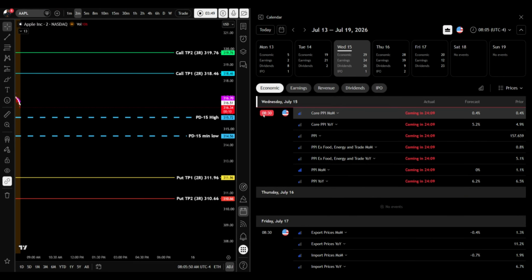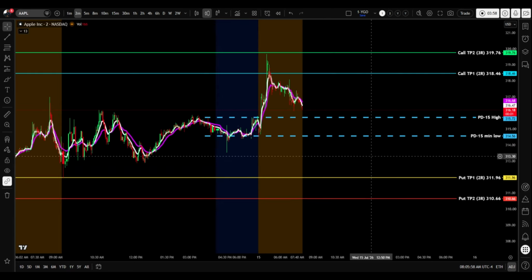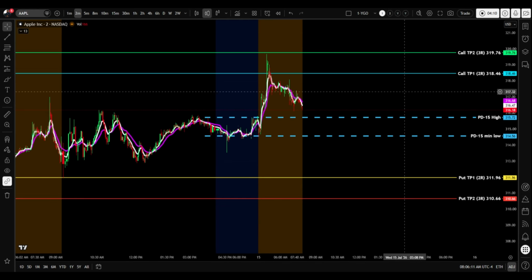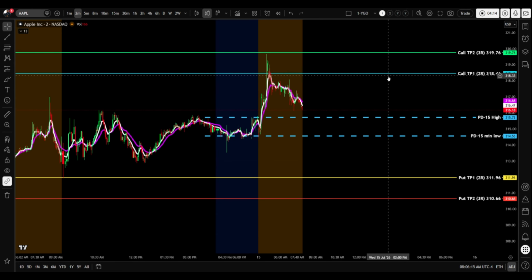Yeah, 8:30. So all this could change at 8:30. So we've got to be watchful, but we still work the plan. I don't trade anything before the first 15-minute candle closes anyway. Above, I have 319.76, which is my take profit two, my 2R and my 3R risk to reward.